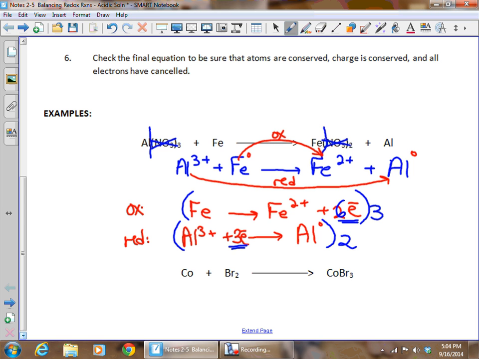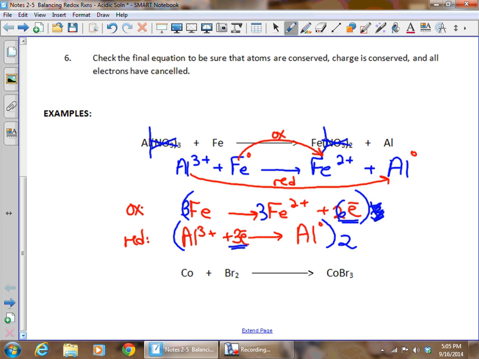We end up with 6 electrons, 3 iron ions, and 3 metallic iron atoms once we multiply by that 3. And I always mark it out so that I don't try to multiply anything again.